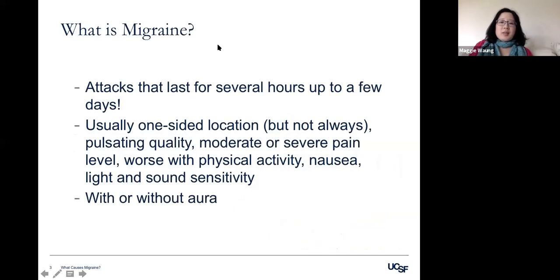Okay. All right, and again, one person might have a specific migraine headache syndrome that's very different from someone else's migraine, but some of the common features of migraine are these attacks. They last usually for a couple hours, sometimes days.